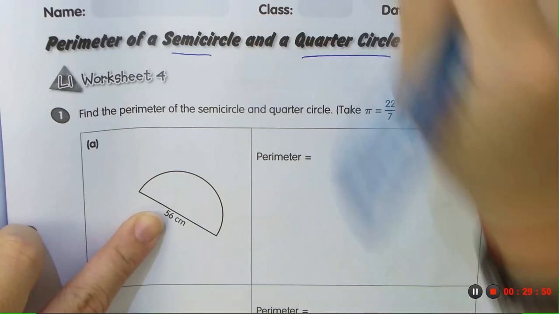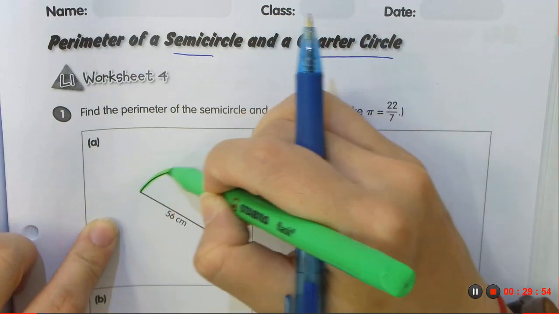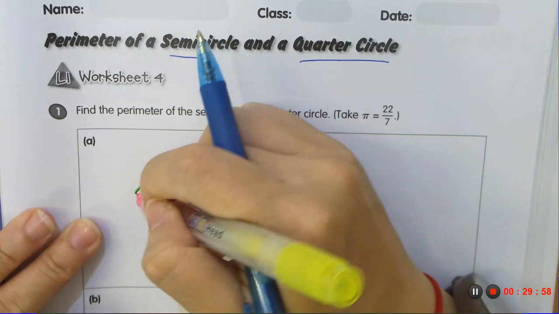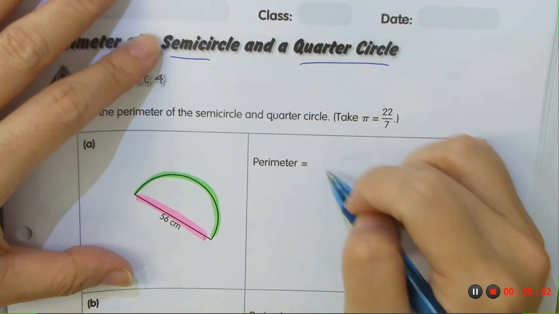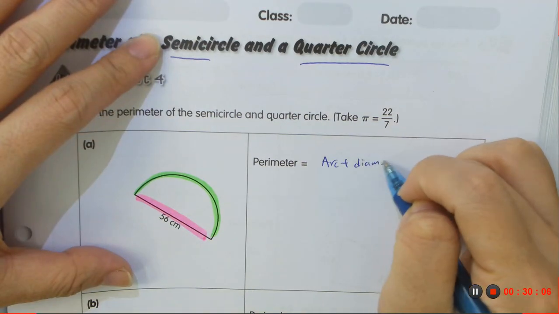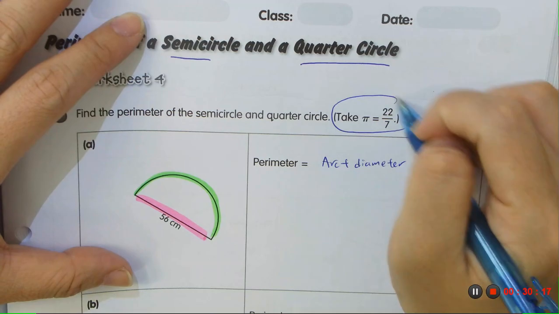To find the perimeter, I will have to use the arc plus the diameter. Take pi as 22/7.